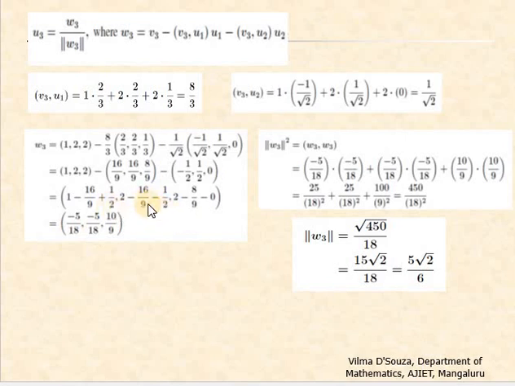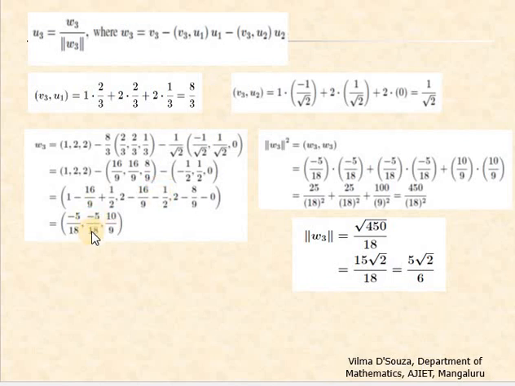Here also take the common denominator as 18. You will get 18 into 2 is 36, minus 32, minus 9. 36 minus 32, that is 4, minus 9. 4 minus 9 is minus 5.